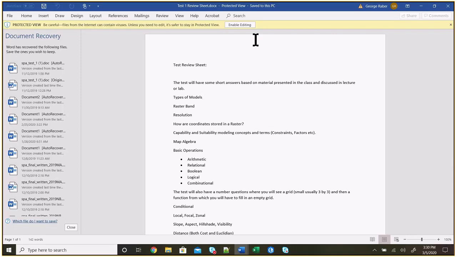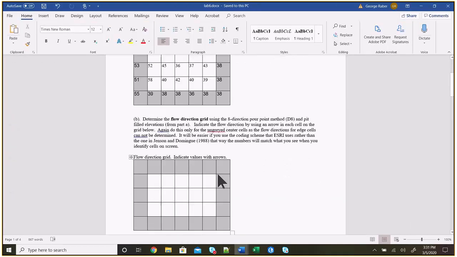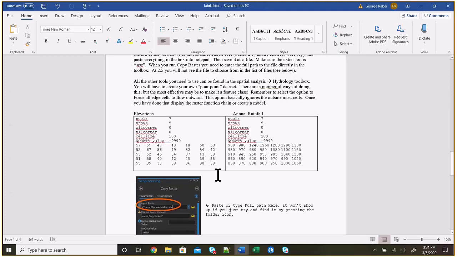So how are coordinates stored in the raster data format? This is something that's on the test, and it's also important that you understand this. With a raster data model, you actually saw that this week more strongly than you did before. We created this raster data set, and the only thing that we needed to do to specify where it was spatially is to specify the X and the Y corner, and then the cell size.